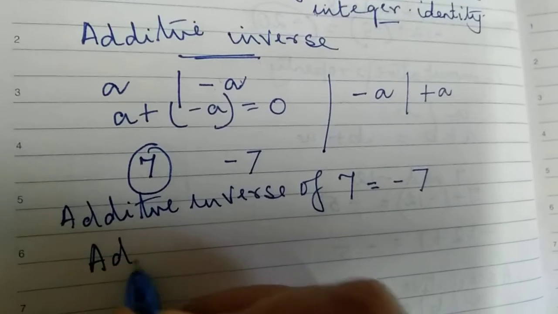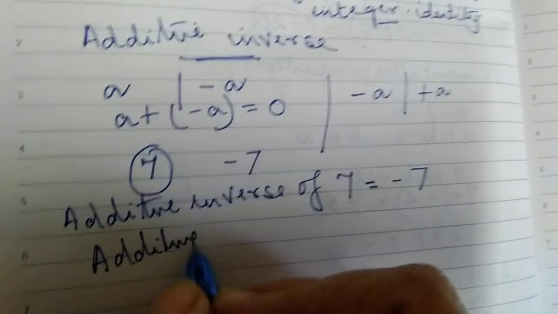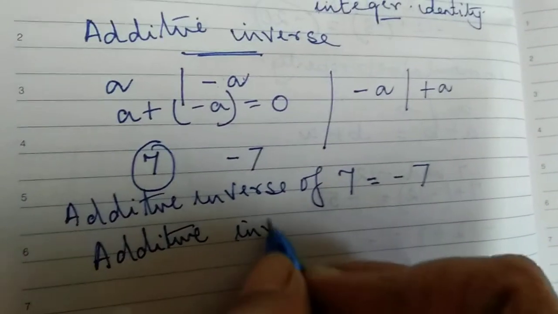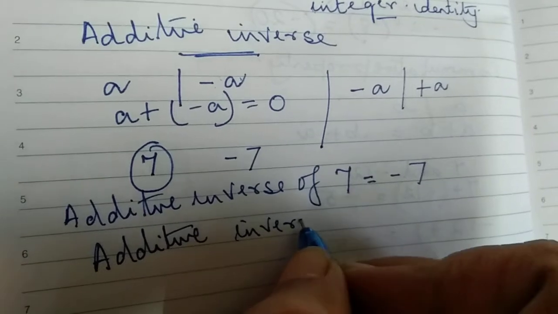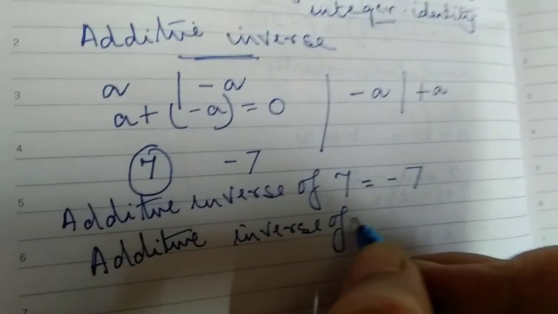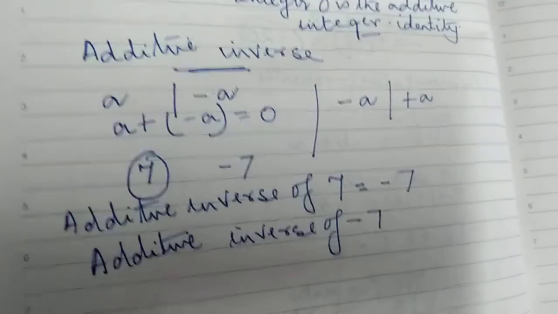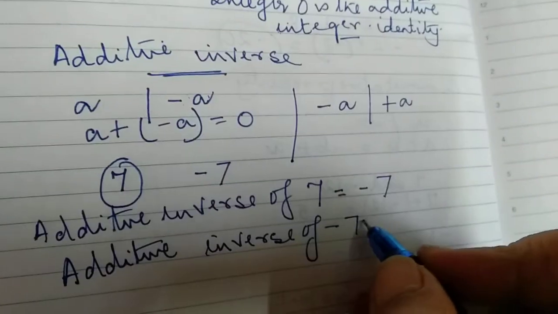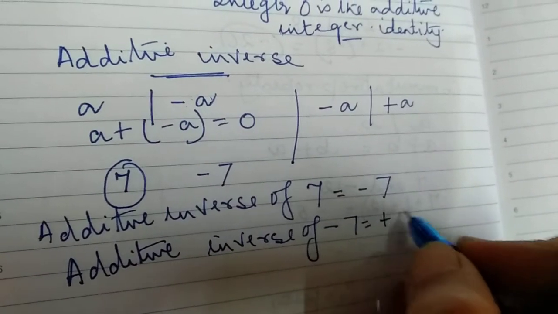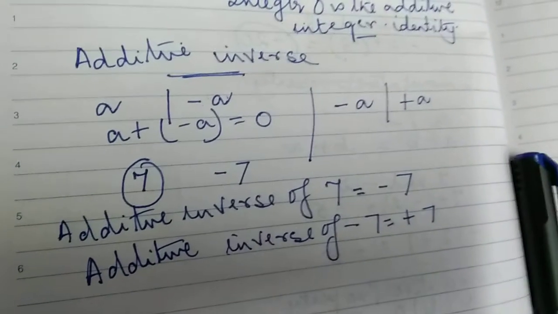The additive inverse of minus 7 will be plus 7. Got it? So this is very important.